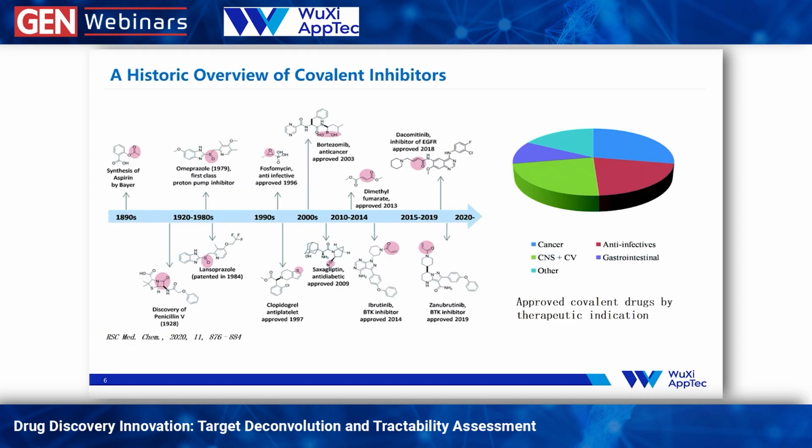This is an overview of the history of covalent drugs. However, these drugs were not discovered by design. The covalent mechanism was elucidated after it was found that the drugs were effective. In addition, phenotypic screening is a popular approach for first-in-class drug discovery.